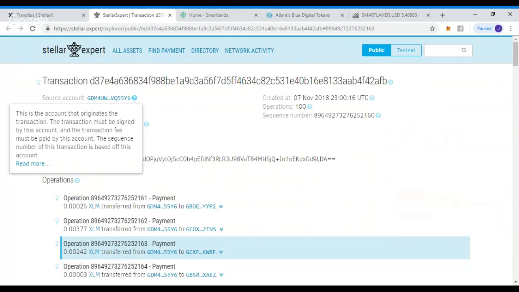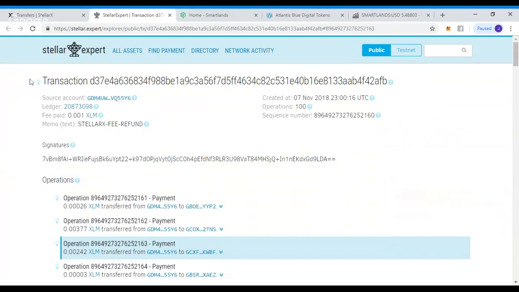The transaction must be signed by this account, and the transaction fee must be paid by this account. The sequence number of this transaction is based off this account. And you can read more if you choose to. That's just one way that they're making it easier for mass transition or mass use. This isn't as complicated as people make it to be.